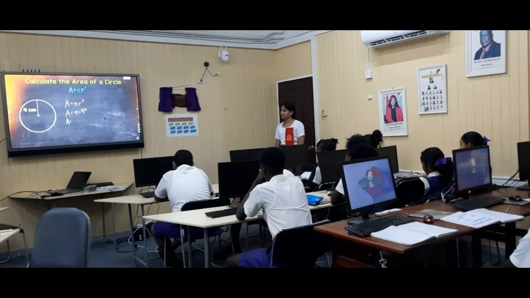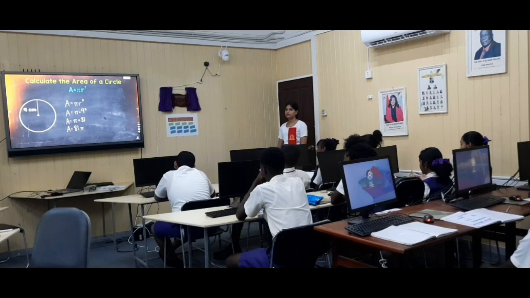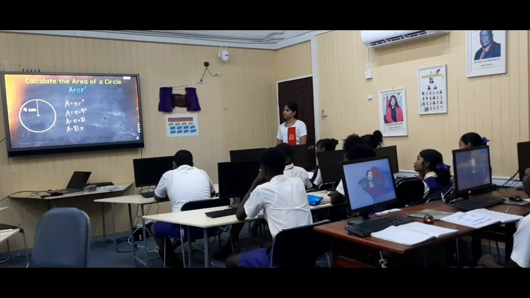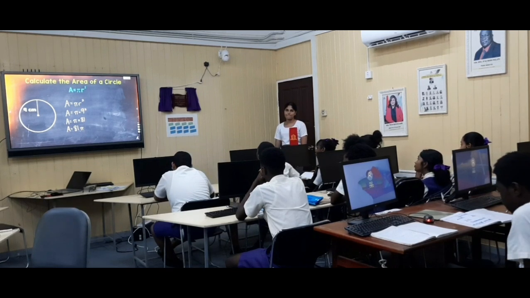So we end up with pi times 81. Now we can rewrite this as area equals 81 pi. One way to write the area of a circle is to write it in terms of pi, meaning we can write our number in front of the pi symbol and put our unit of measure, which is centimeters.